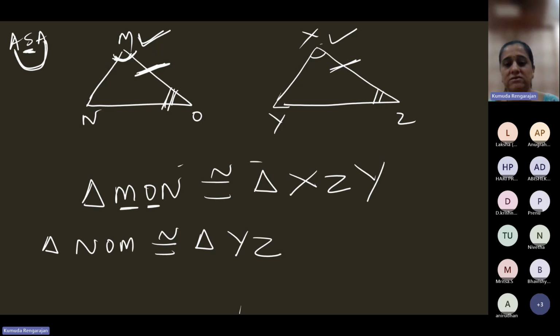And then the third vertex, X. So this is ASA, two angles and the included side: angle M, angle O, MO, angle X, angle Z, and XZ is the included side.